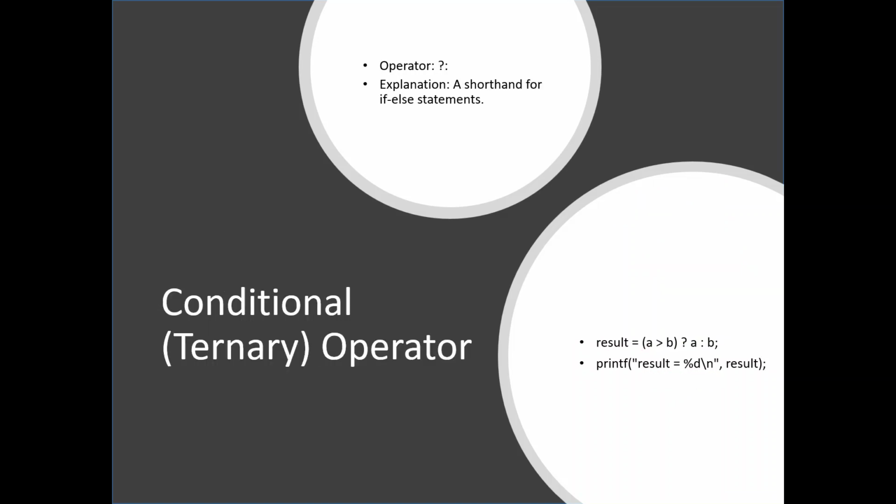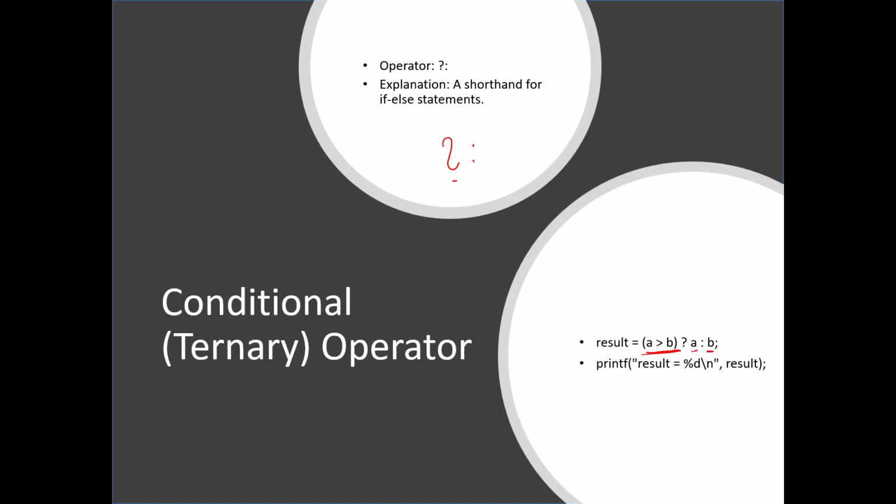Next we have the conditional or ternary operator. What is this? This is the symbol of the operator. It is basically used as a shorthand for the if else statement. For example, result equals to a greater than or equal to b, a and b.